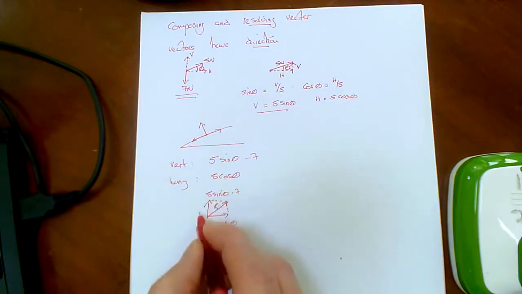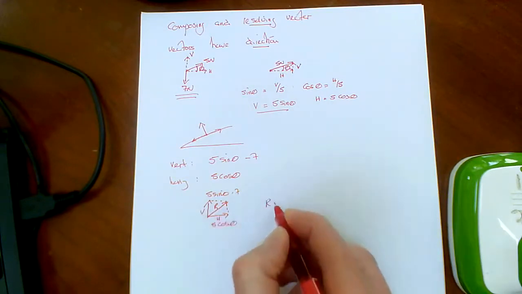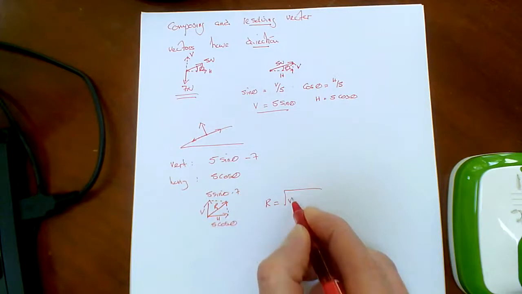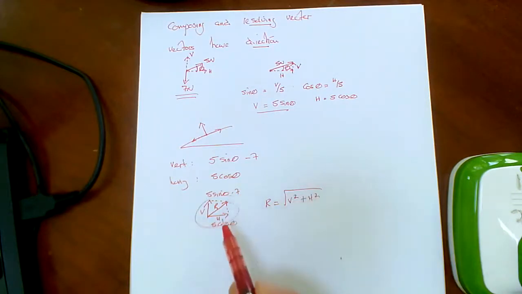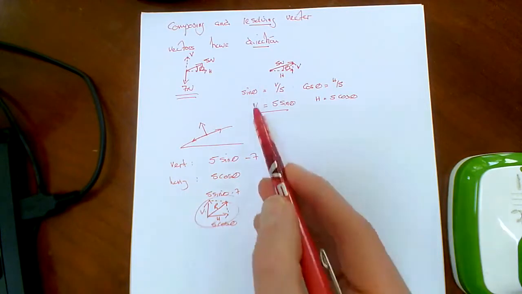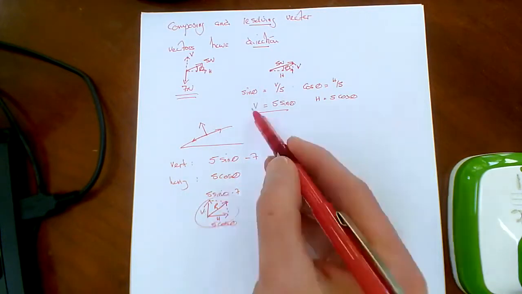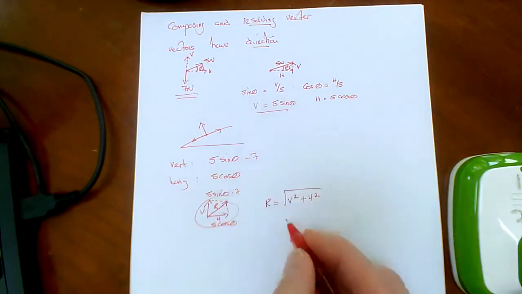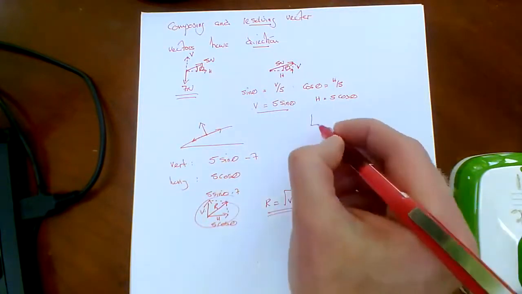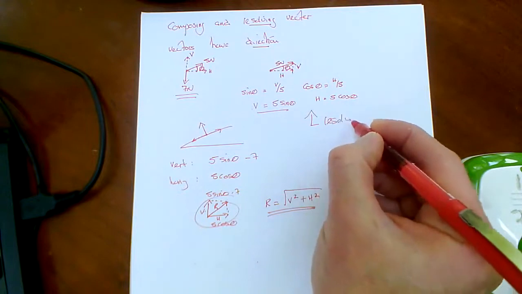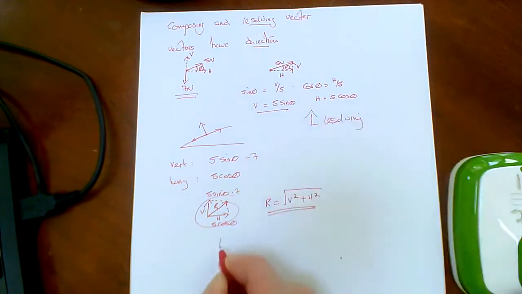And if I just say that's V and that's H, R of course is the square root of V squared plus H squared in this case. Clearly this V and this V are not the same. So this is the resolving bit. This is the composing bit.